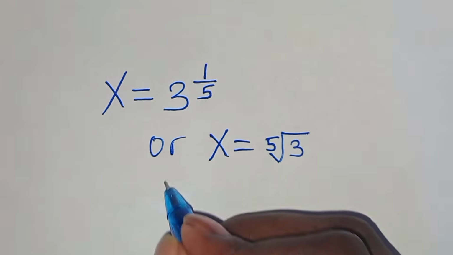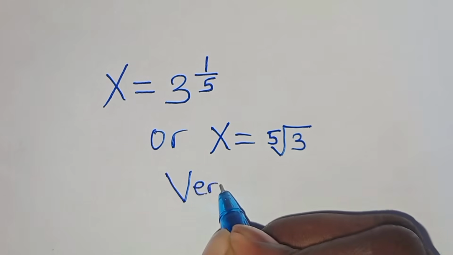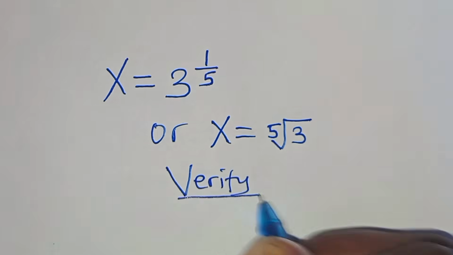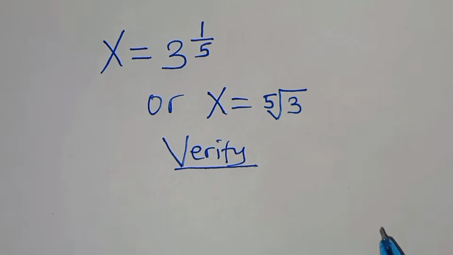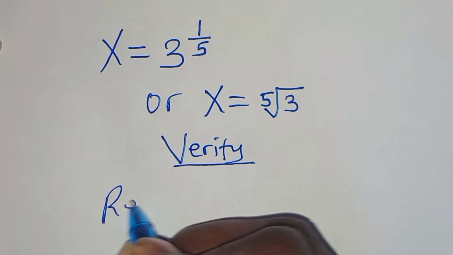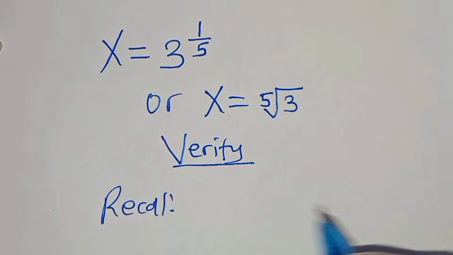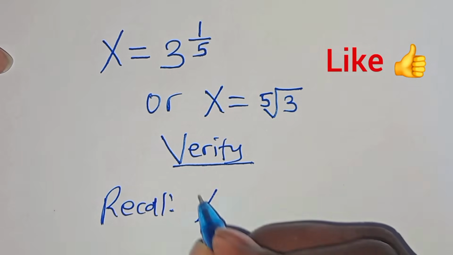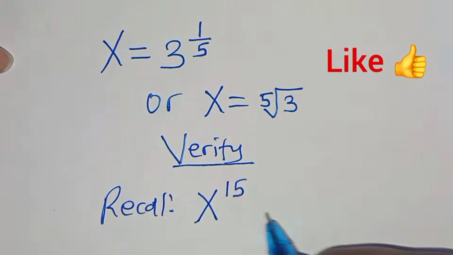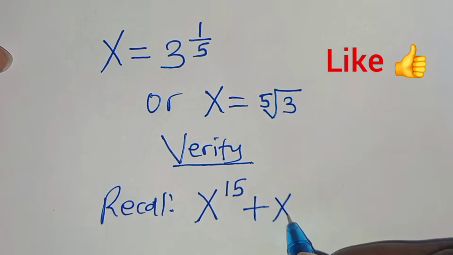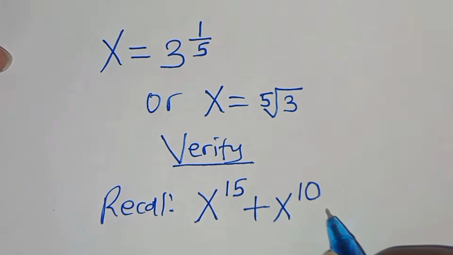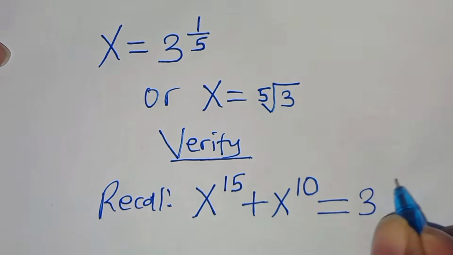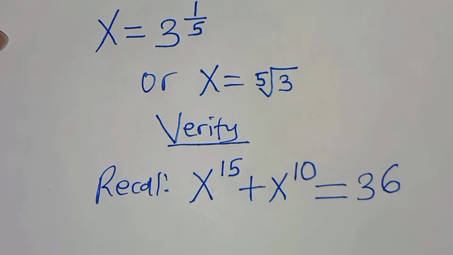Now the next step is to verify, so let's verify that this value of x satisfies the equation. Now if you recall, we had that x to the power of 15 plus x to the power of 10 should give us a value of 36.